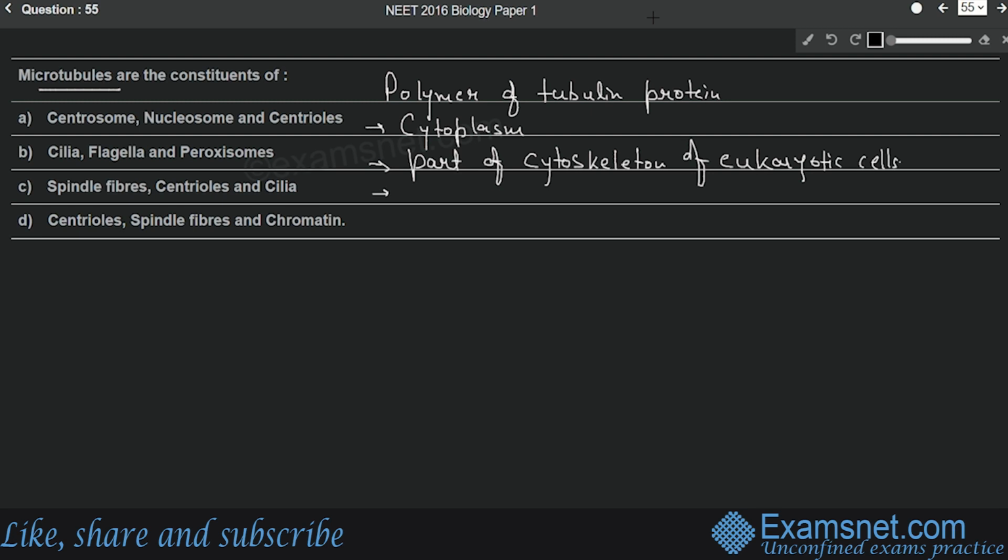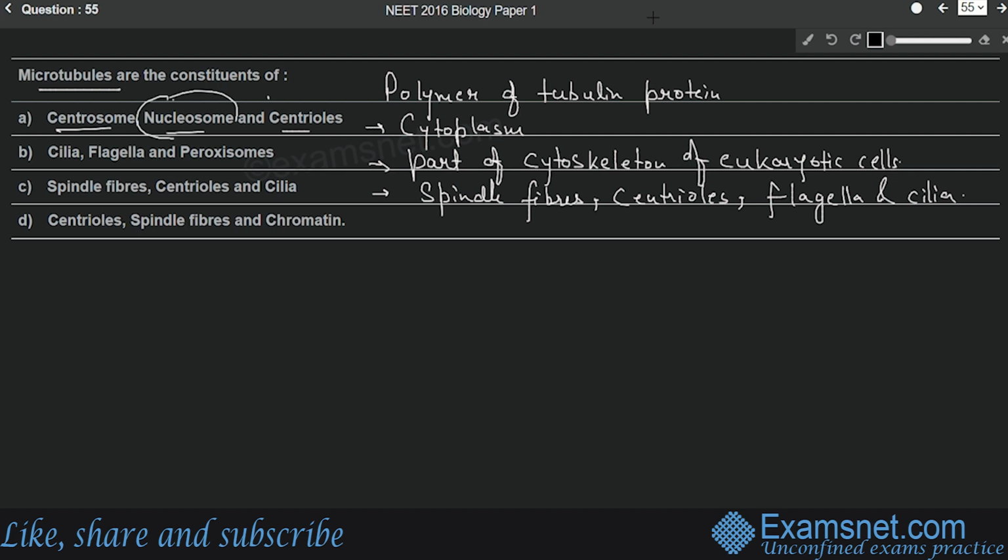And where are these found? These are found in the spindle fibers, because spindle fibers are made up of microtubules only. Okay. Spindle fibers, then centrioles, and then the structures that are related to locomotion, such as flagella and cilia. Okay. So let's see. In the first one, we have centrosome, nucleosome, centrioles. See, nucleosome is related to the nucleus, right?